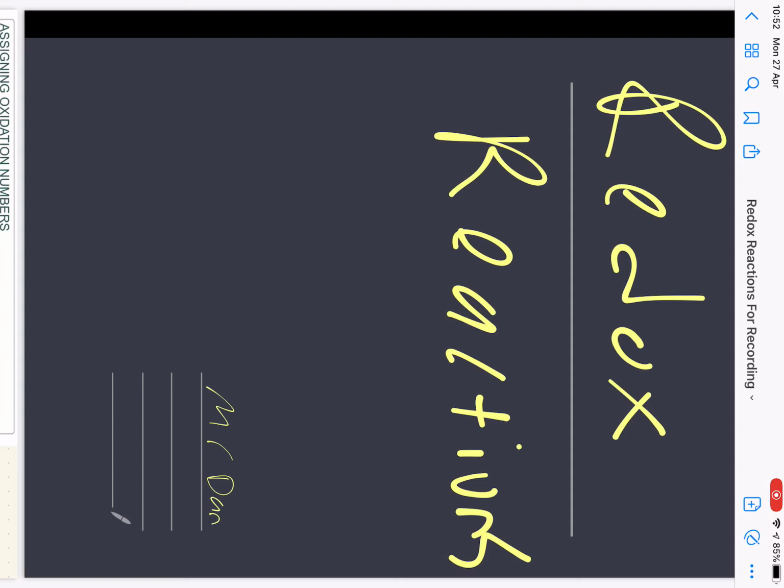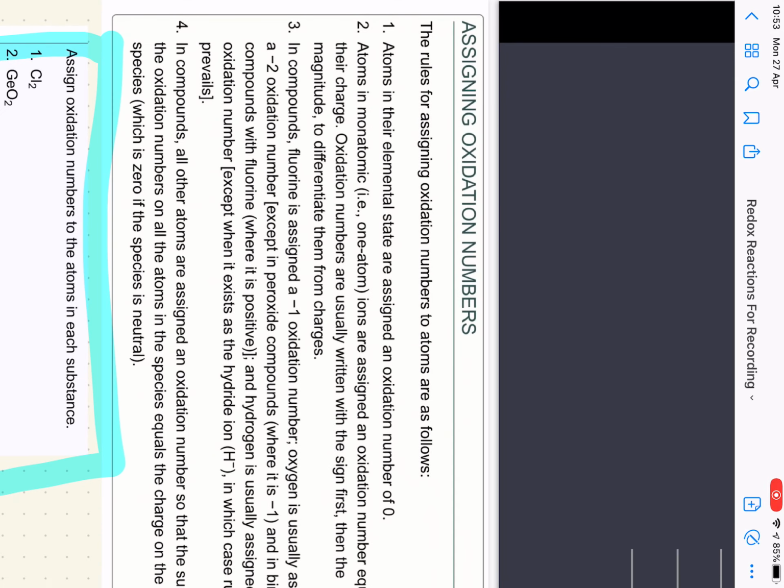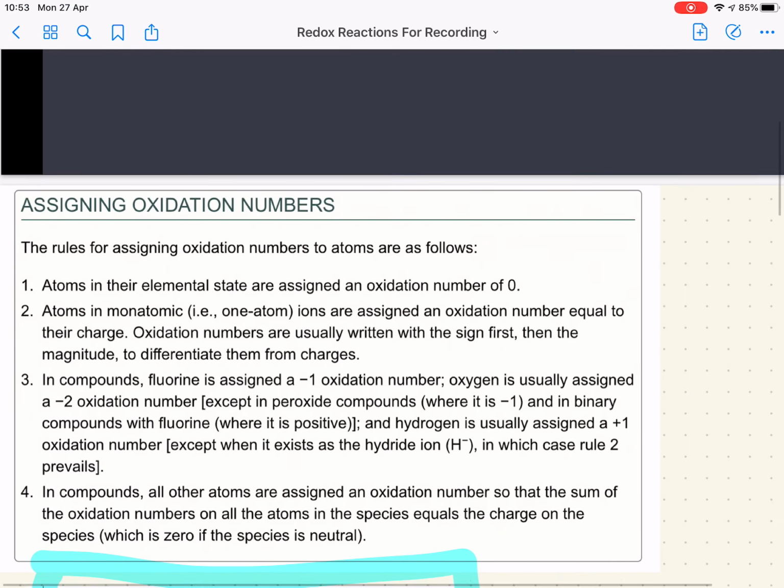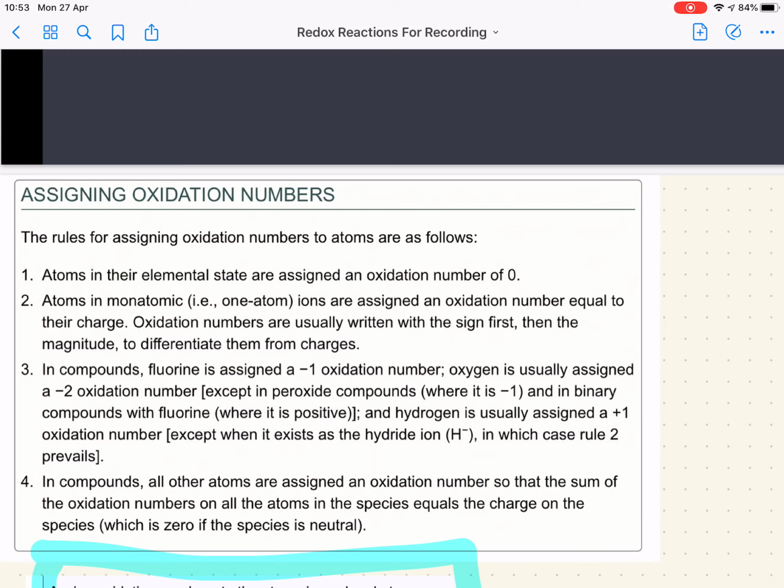Redox reactions, right? Oxidation and reduction. Before we get into this too far, I want to review some of the rules for assigning oxidation numbers to atoms. This list is shorter than the one I showed you previously.